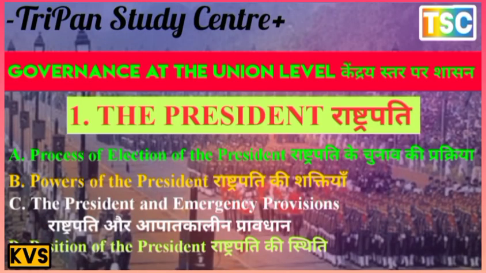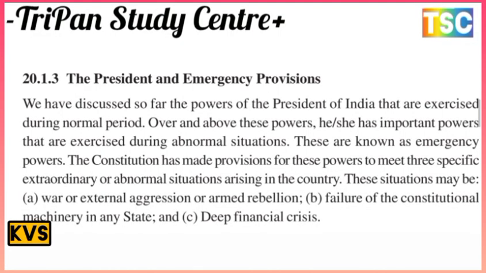The next point here: the President and emergency provisions. We have discussed so far the powers of the President of India that are exercised during the normal period. Over and above these, she has important powers that are exercised during abnormal situations. These are known as the emergency powers.